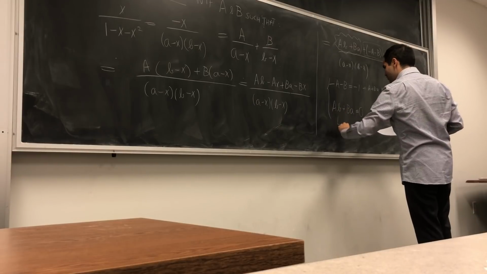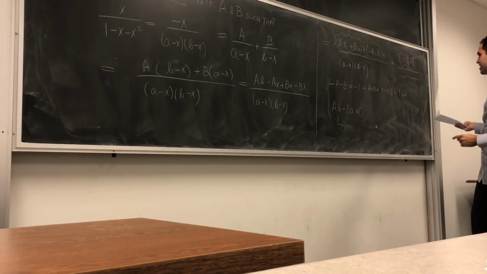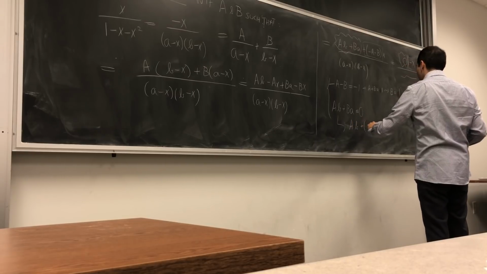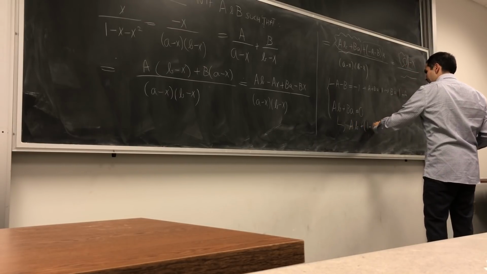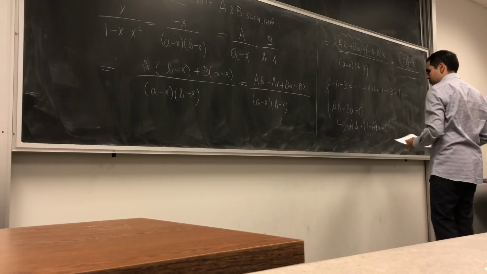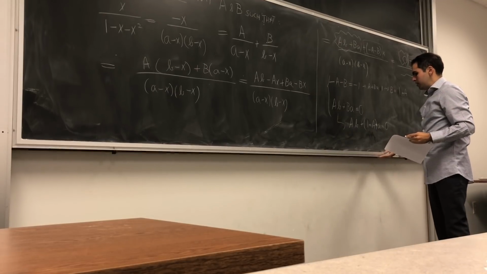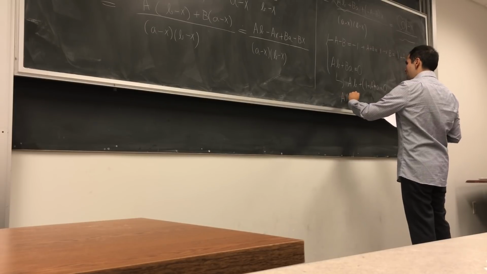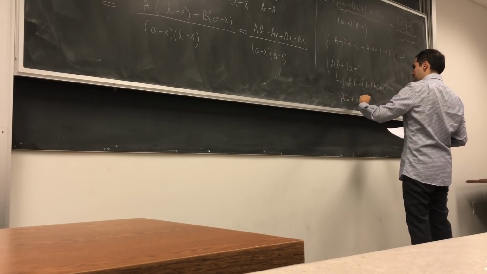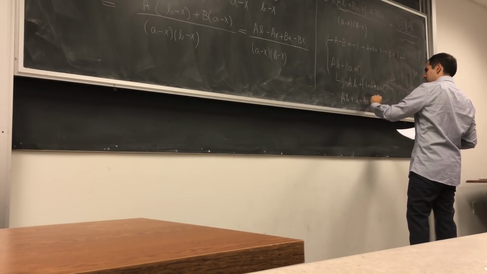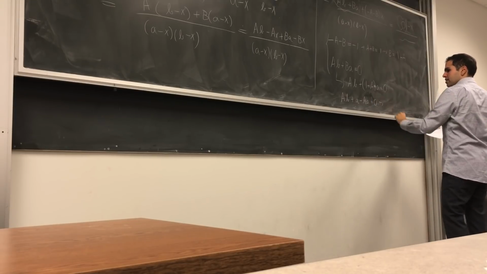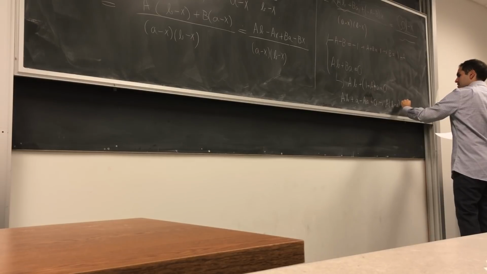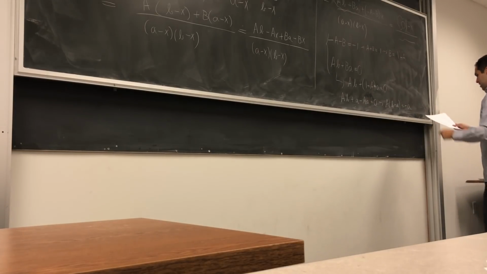And then, from this and the fact that B equals 1 minus A, we get Ab plus (1 minus A)a equals 0. And from this we can solve for capital A. So Ab plus a minus Aa equals 0. So A times (b minus a) equals minus a.